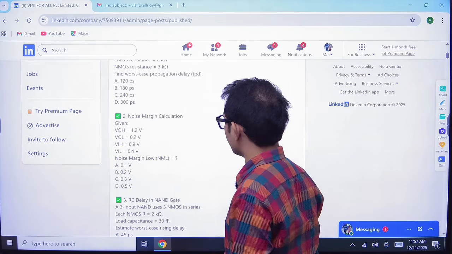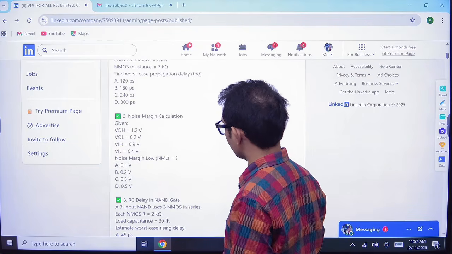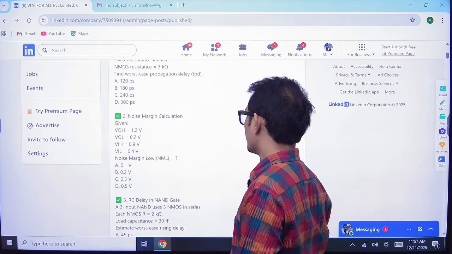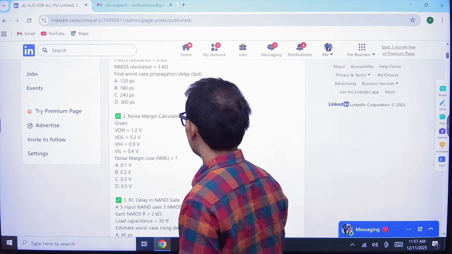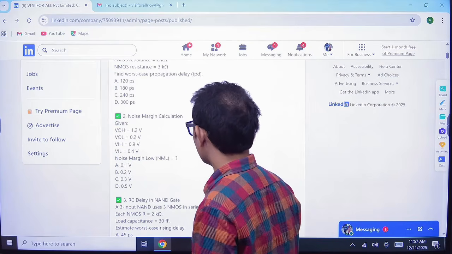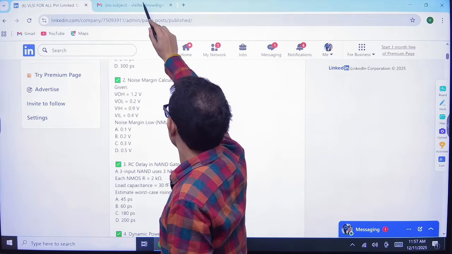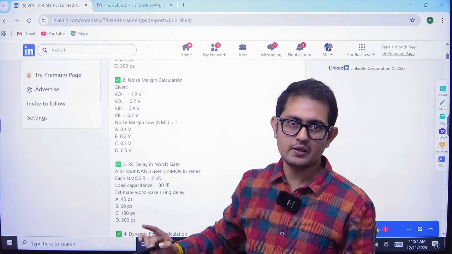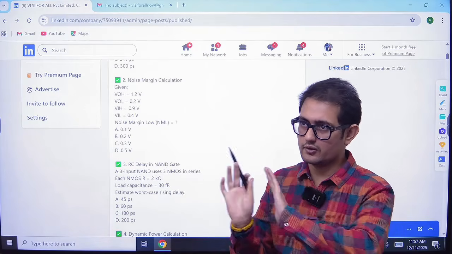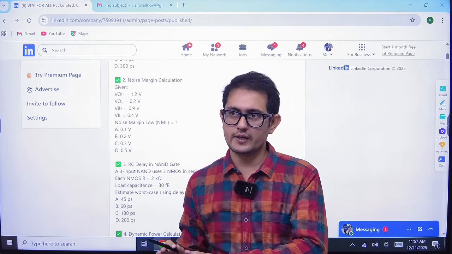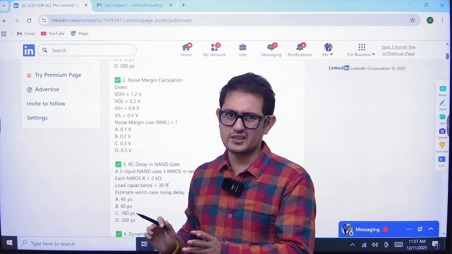We have the noise margin calculation. We have the VOH 1.2 volt, VOL 0.2 volt, sorry, and VIH is 0.9 volt, VIL is 0.4 volt. We have to tell the noise margin low limit. So there is a direct formula of noise margin that you have to remember. Sometimes they will ask in the exam for the calculation, but generally they don't ask noise margin in the interview.